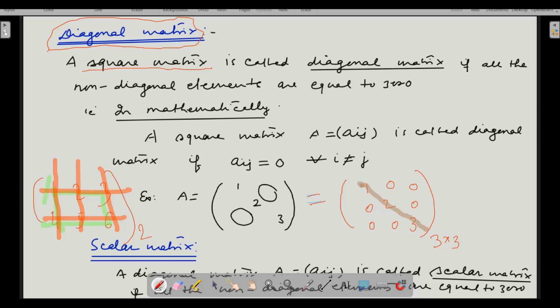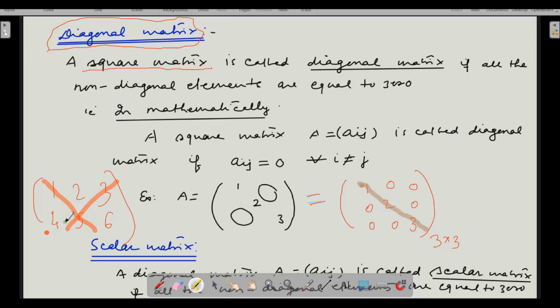Let me undo some changes so that I can once again show it to you. So this is the matrix. Now if we want to determine whether this matrix is a diagonal matrix or not, can we determine? We cannot. Why? Because how will you define the diagonal in this particular matrix? If you mark like this, it is not correct. These are not diagonals.